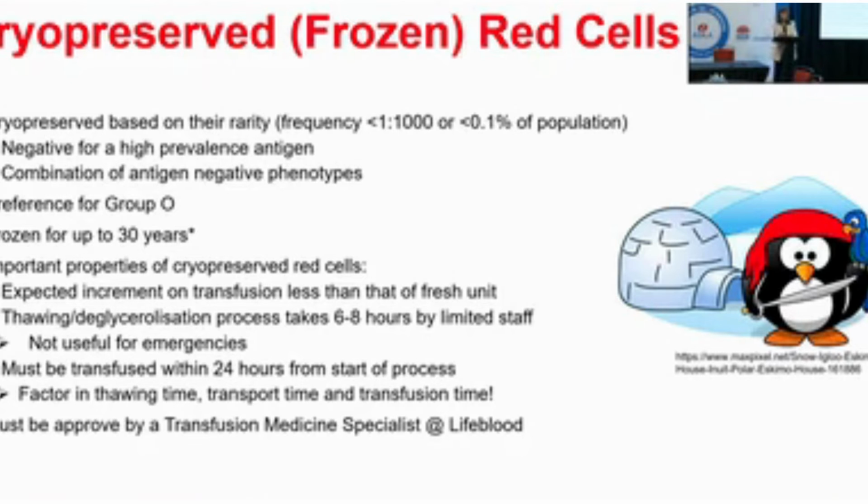So there's really very limited use in an emergency, because it's going to take 6 or 8 hours for us to get you one unit that's not going to increment your hemoglobin by 10 most likely. So it's more like a top-up transfusion. And the expiry is very short. From the moment we start thawing, it's 24 hours and then the unit's expired. And obviously one of us must say it's fine to thaw the unit, and then you still have the transport time and transfusion time.